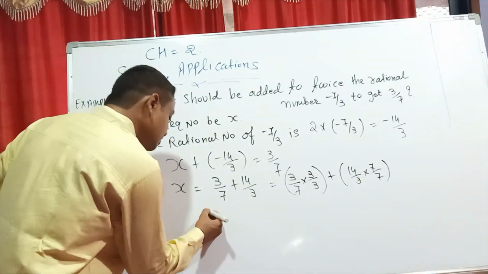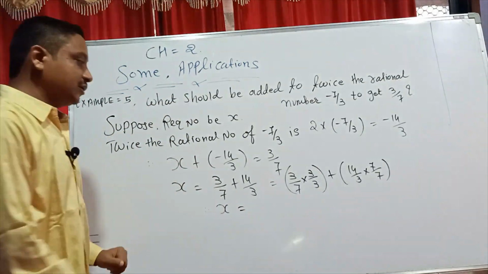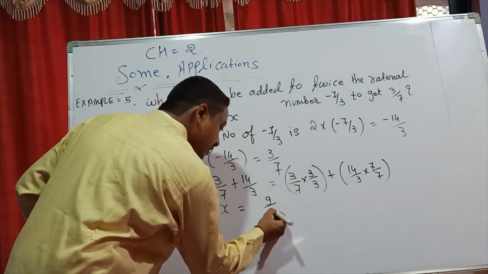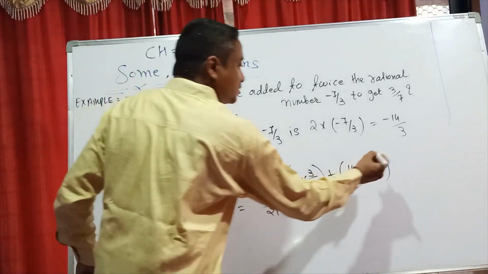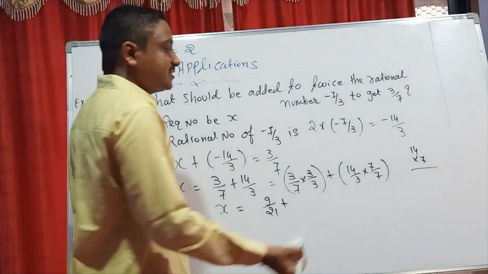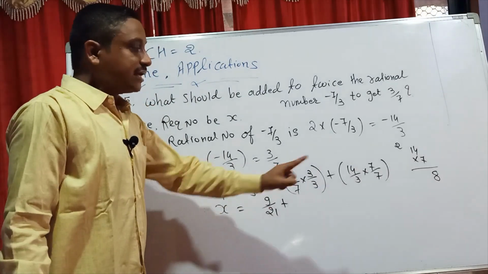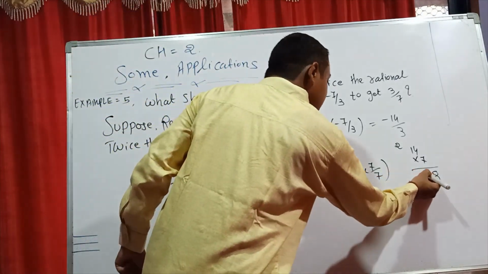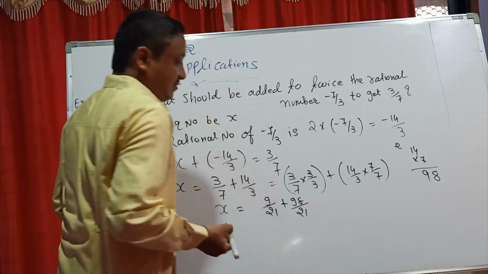So finally x is equal to 3 3s are 9 by 21 plus 14 into 7. Multiplying side by side, 7 4s are 28, 2 carry, 7 1s are 7 plus 2 is 9. Yes, it is 98 by 21.